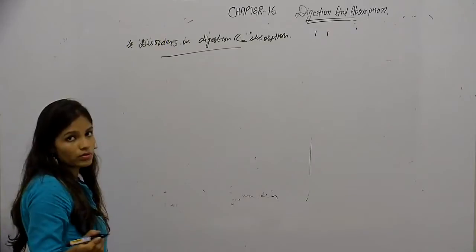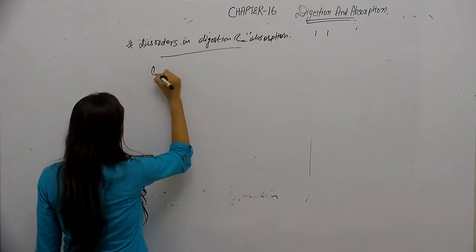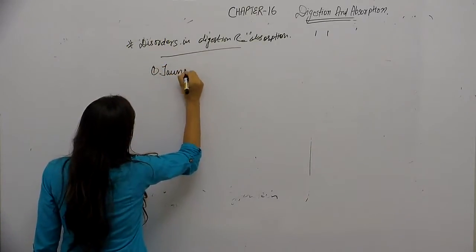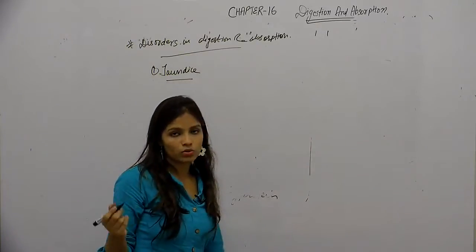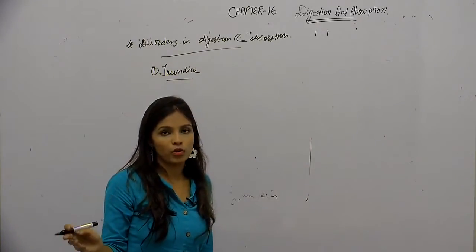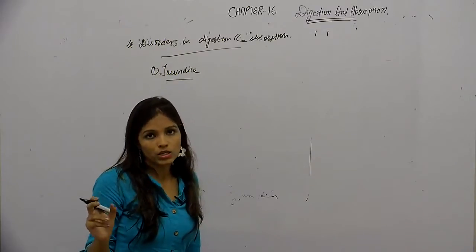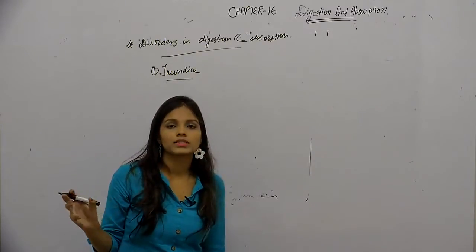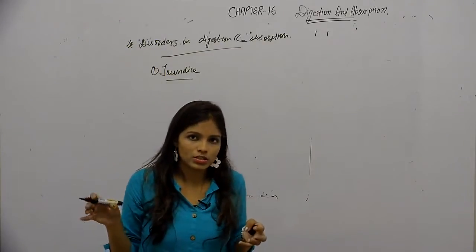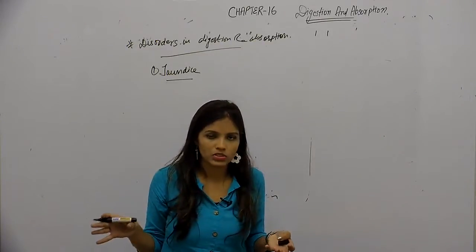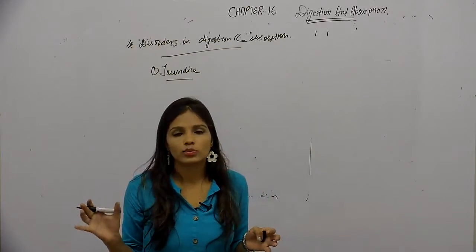So the first one which I will talk about is jaundice. What happens in jaundice? The liver is affected. As we all know, the liver is the hub for producing the bile pigment. So the bile pigments get accumulated in the skin and various other parts, which is why the skin appears yellowish in color.